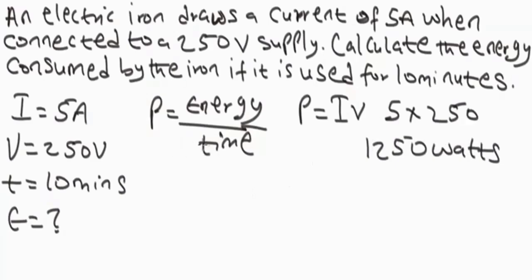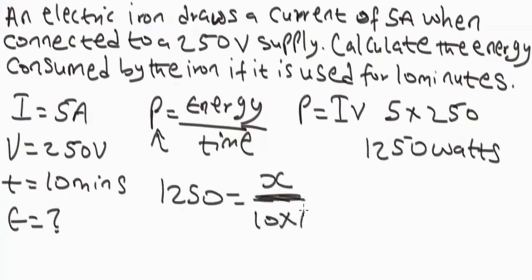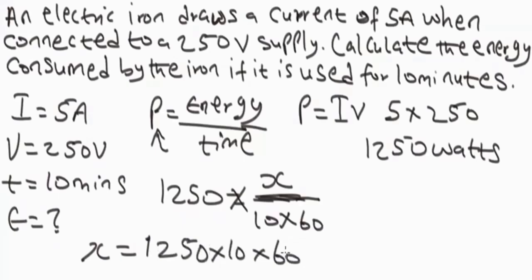Now that we have power, let's plug it here and get energy. So 1250 watts equals energy, let's replace it with X, over the time, which is 10 minutes, converted to seconds, 10 times 60. So you multiply, and the energy X will be 1250 times 10 times 60.